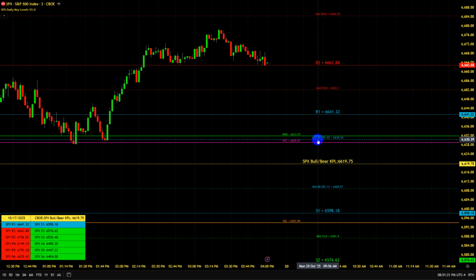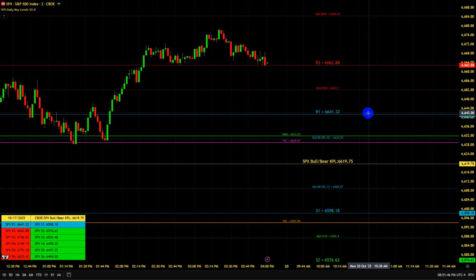Your first out of the money option that you can consider would be the first midpoint below, that's 6630.54. So that would be a 6630 put. And then a full level below R1 is your furthest out of the money to consider. In this case, since it's 6619.75, the closest out of the money to that is your 6620 put.